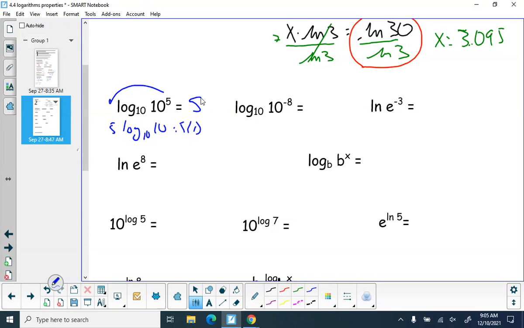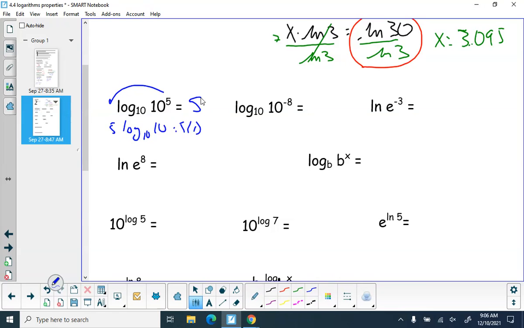If I take ln of e to the 8th power, well, in your calculator, you look at the ln button, the second function is e to the exponent.